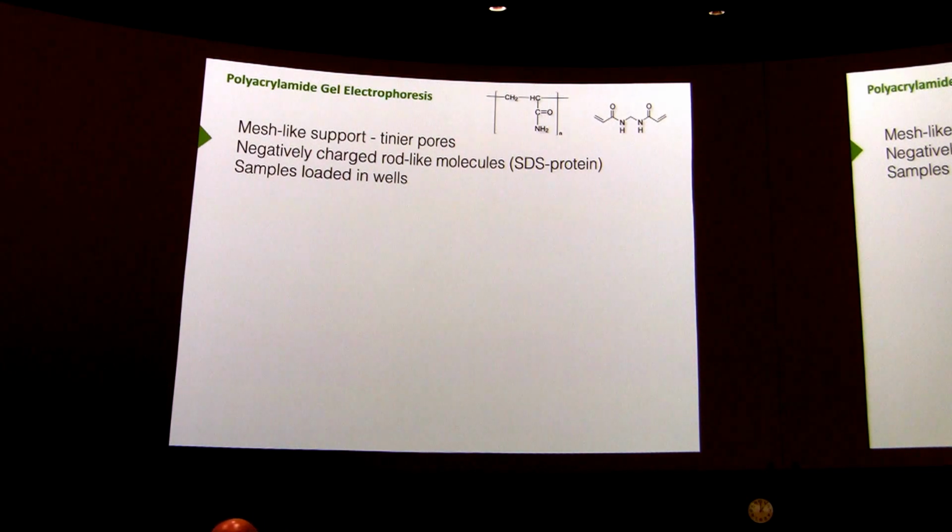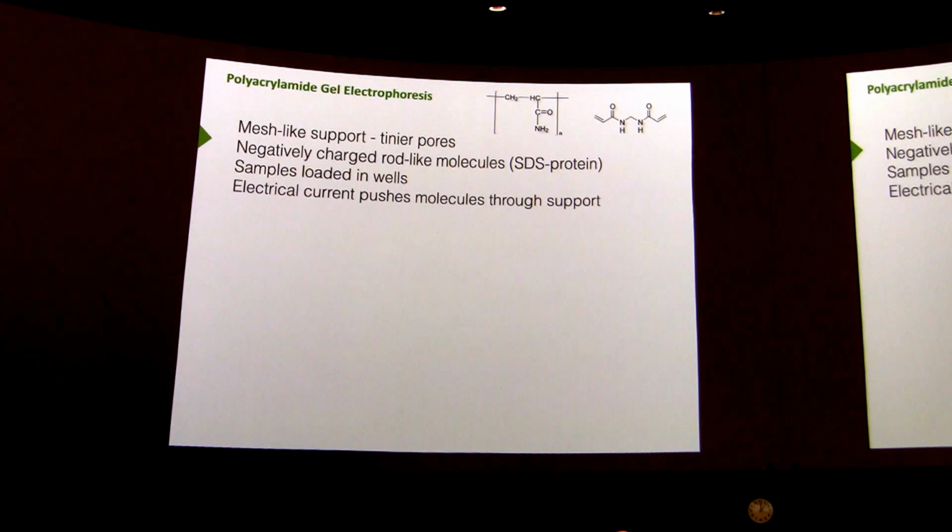Those charges are usually on the order of 1, 2, 3, 4, 5, 6, maybe 10, maybe 20 at most. And we're coating this thing with hundreds of SDSs. So we don't even really see the charges of the protein itself. We see the charges, the gel sees the charges of the coating, which is the SDS. Everybody with me? So now we've artificially created rod-like molecules with the same charge, size-to-charge ratio.